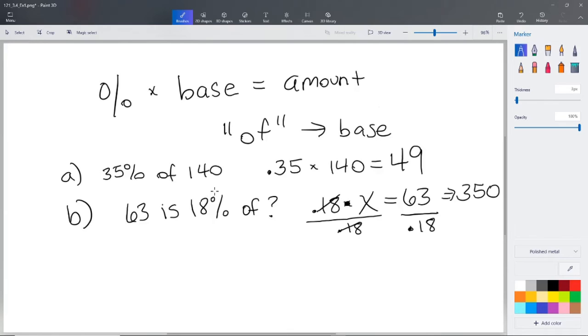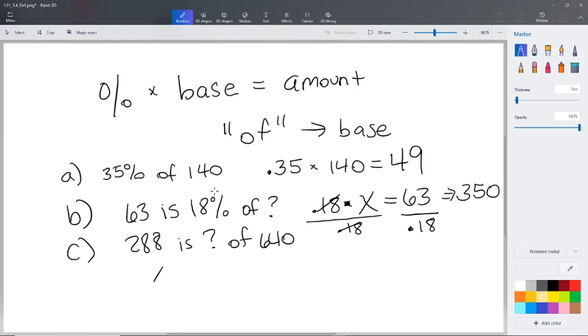Moving down to part C of this example, what we see that we have is 288 is what percent of 640? Again, what follows the of is 640 this time. So our equation is going to be that we don't know the percent.